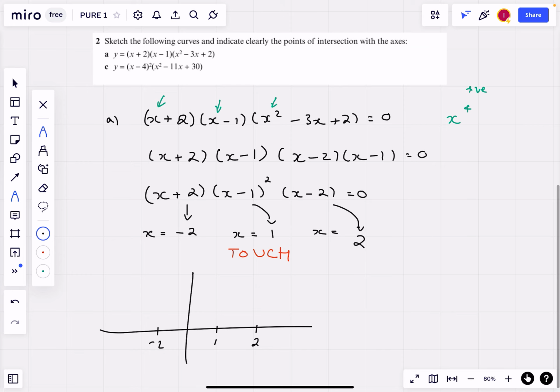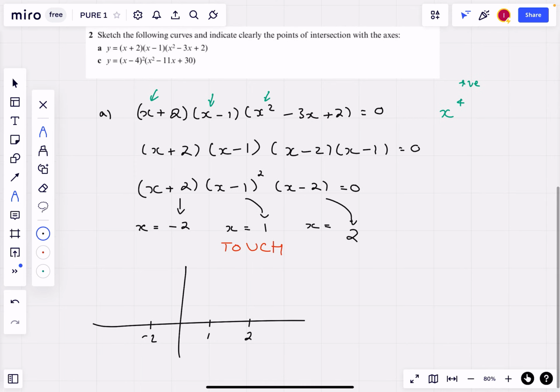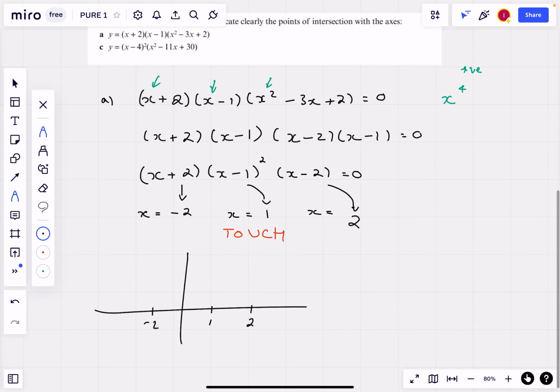Now, let's take it a step further, because we know that it's going to intersect the y-axis at some point. Let's find out where that point is. We worked out the values of x when y equals 0. So we can work out y when x equals 0.